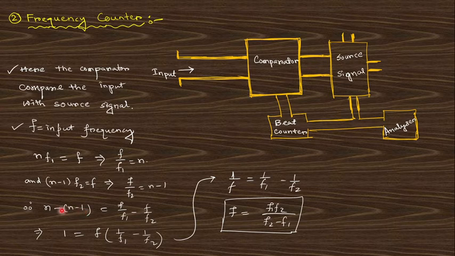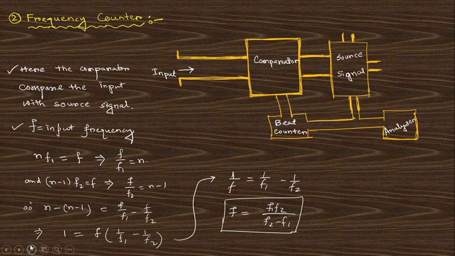After subtracting these two, you finally get f equals f1 f2 by f2 minus f1. So we find out the f1 and f2 at which two successive resonances happen. After finding f1 and f2, we can find out the frequency of this microwave.